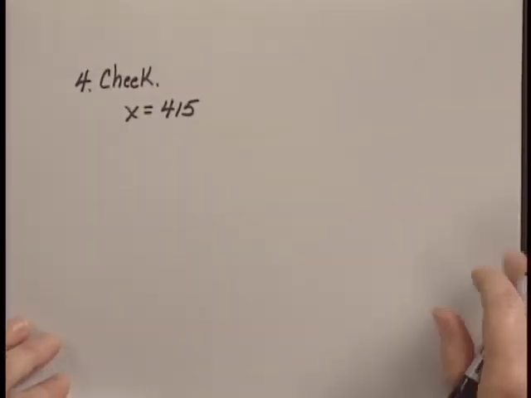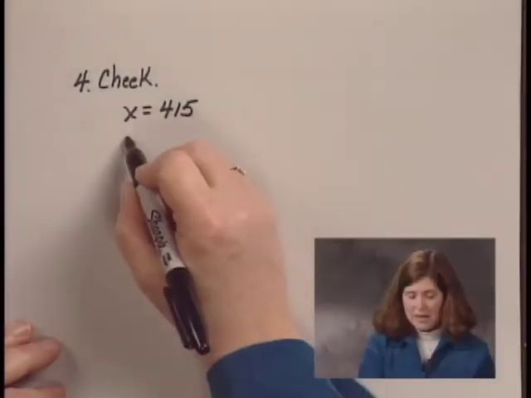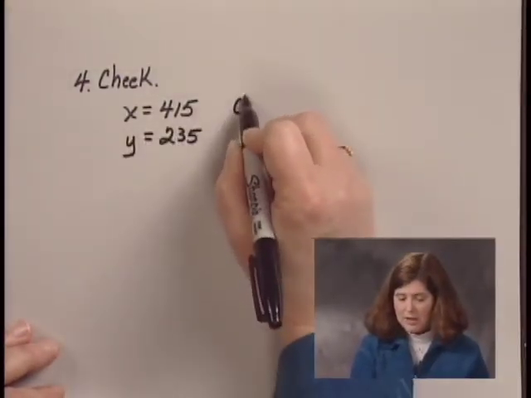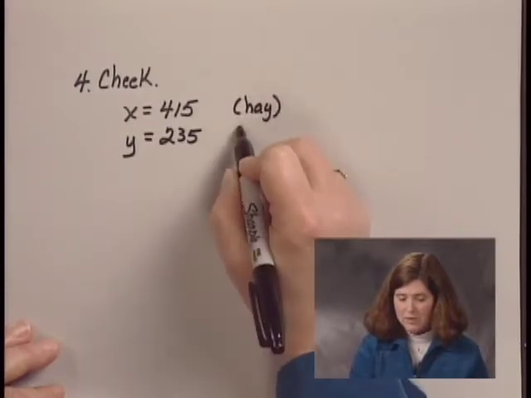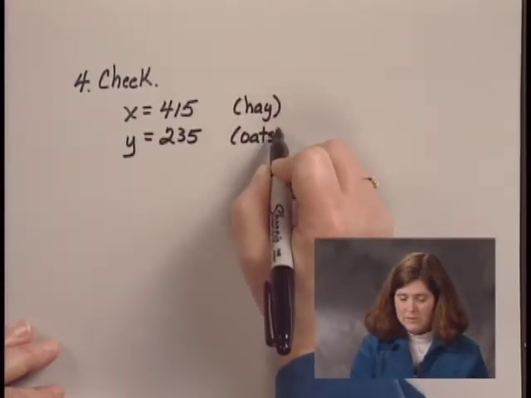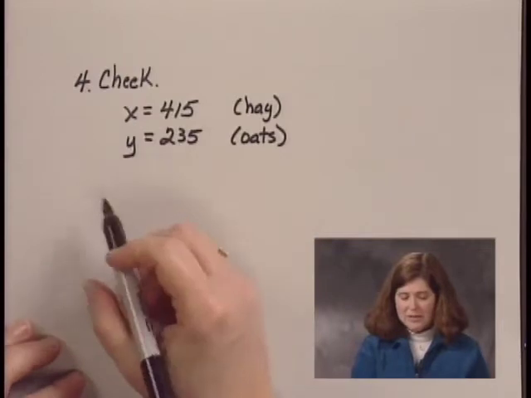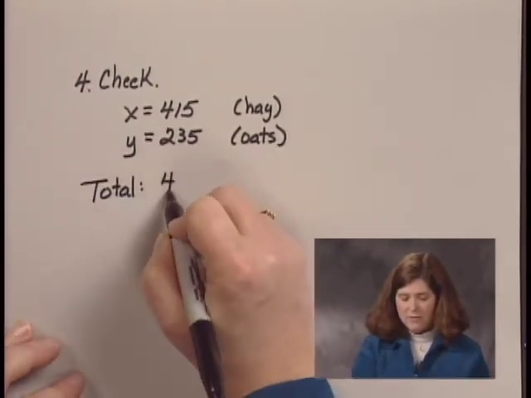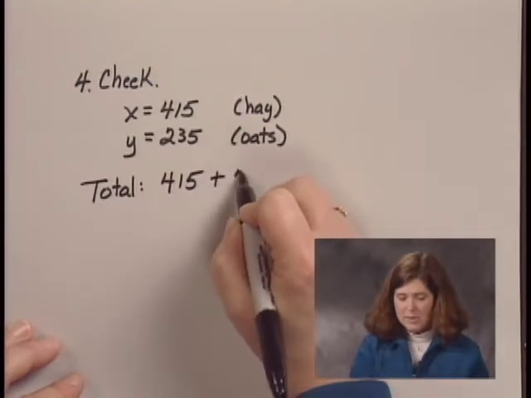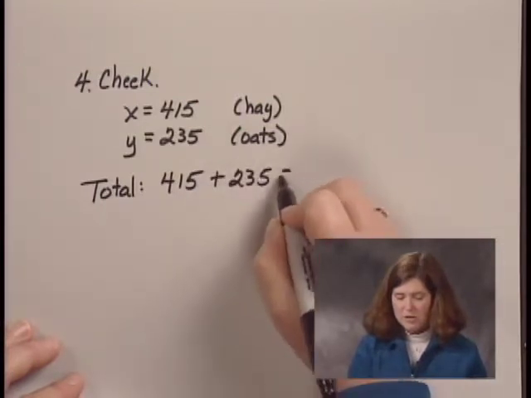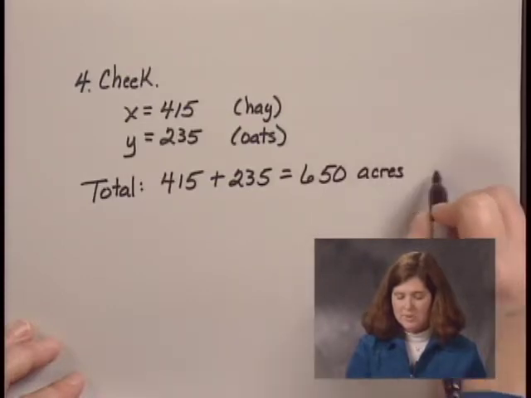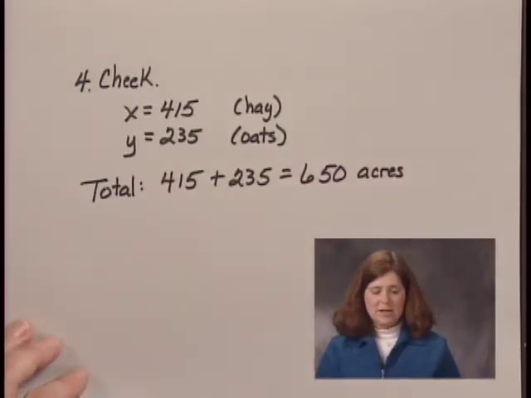So I should have 415 acres of hay and 235 acres of oats. If I add these together, I have 415 plus 235, which is 650 acres. So that piece of information checks.